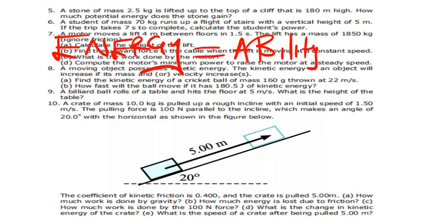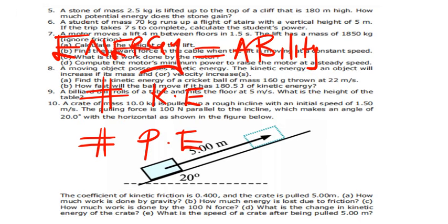Basically, there are different forms of energy. There's heat energy, there are a lot of energies. However, as far as this topic is concerned, you're going to talk about two types of energies: kinetic energy and potential energy. A combination of potential energy and kinetic energy gives you what we call mechanical energy.